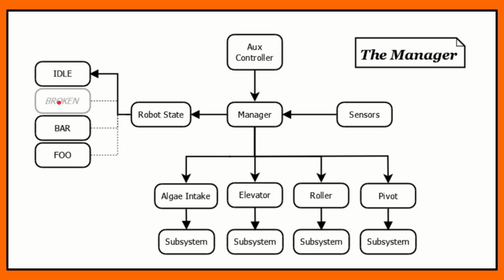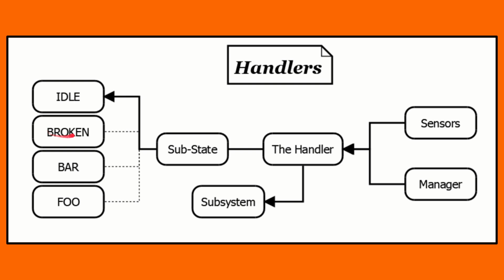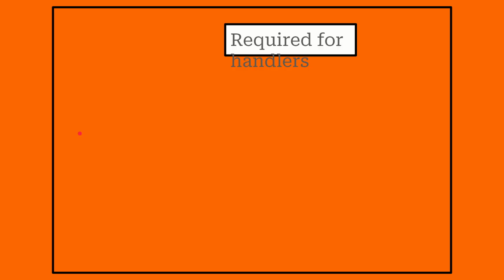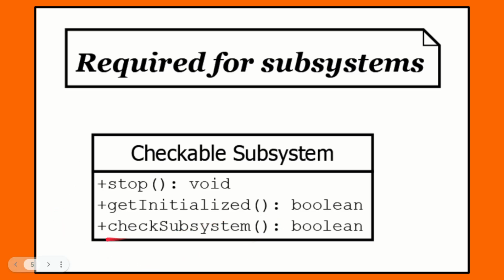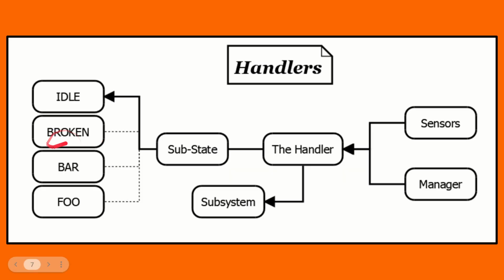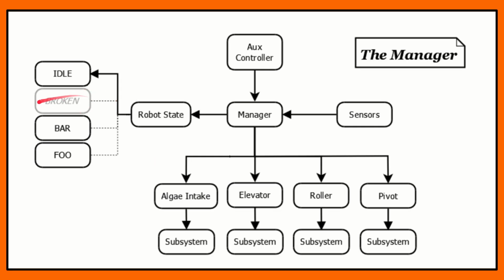See, the broken state is something that you want to have with the check subsystem method, where if the check fails, you probably want to say, okay, this subsystem shouldn't be used right now. So we're going to put in the broken state to make sure we don't break anything on the robot. However, here, there is no broken state, because if the whole robot is broken, well, you should just e-stop it, and there shouldn't be any code running at that point.